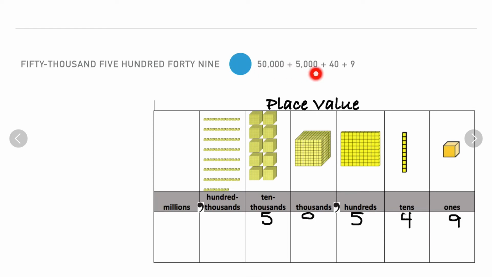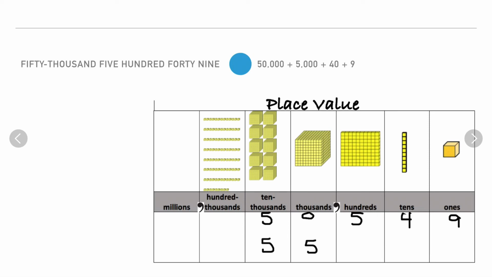On the right-hand side, I have 50,000 plus 5,000 plus 40 plus 9. 50,000. What place value would I be placing 50,000s? That's right. I would place it in the 10,000s because 50,000 is the same thing as 5 10,000s. 5,000.